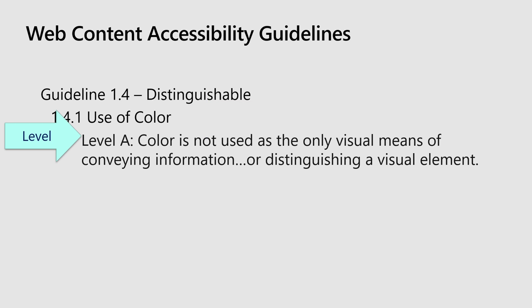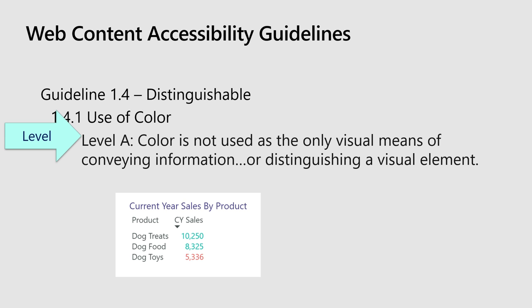And then there are levels that go from single A to triple A as far as the level of accessibility. So single A is kind of your basic. And most organizations won't be triple A on everything. It's a little bit unrealistic. And so you'll have some things in which you're triple A and some things in which you're single or double. And that's fine, because at least with single A, you're still compliant. You're still trying to be accessible.